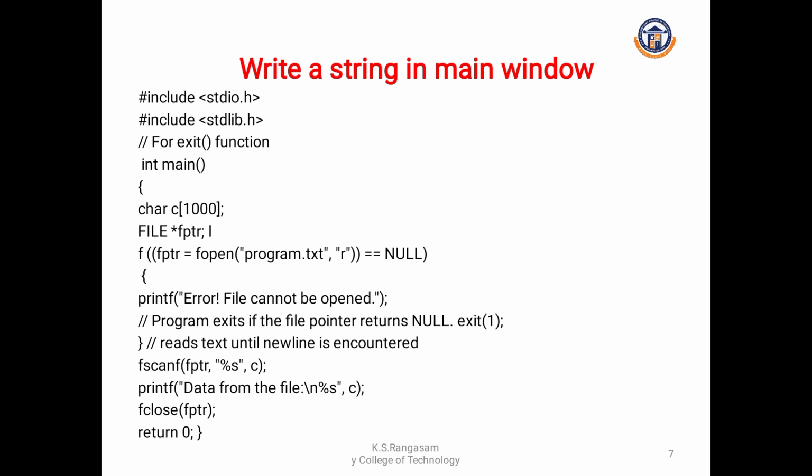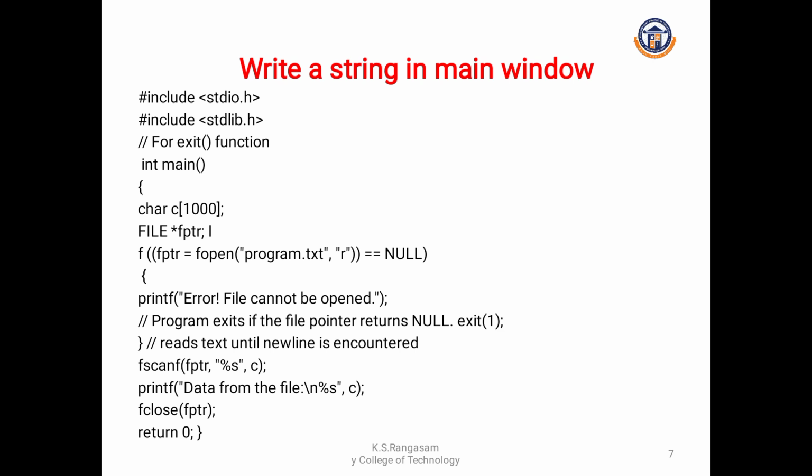So int main, a character c, which is a character array which has 1000 characters, and a file pointer, okay. So next, fptr is equal to fopen of program.txt.